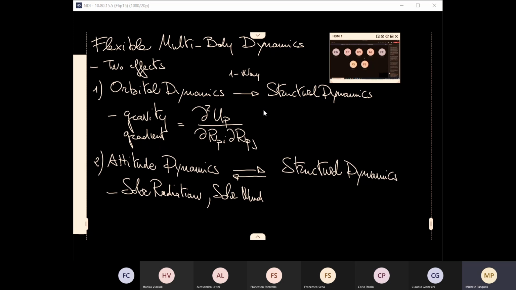True. In attitude dynamics and structural dynamics, attitude dynamics is about controlling the rigid motion, the orientation, if you want, of the spacecraft, while structural dynamics typically encompasses the flexibility of the structure.